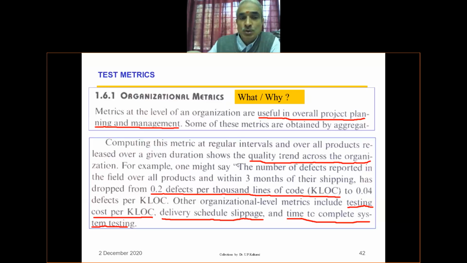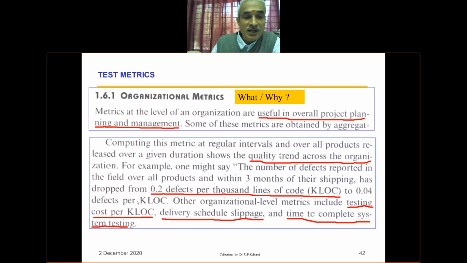It shows a quality trend across the organization. For example, the number of defects reported in the field over all the products within 3 months could be one of the metrics.